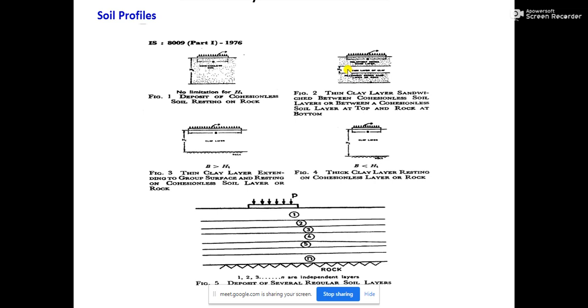Why? Because you see, if there is a cohesionless layer at the top of this clay layer and the bottom of this clay layer, then it is very easily getting a two-way drainage path. Drainage path means water will be able to move out from this clay layer to the upper layer, because you know the granular soil is highly permeable, as well as to the bottom layer it will also very easily percolate.